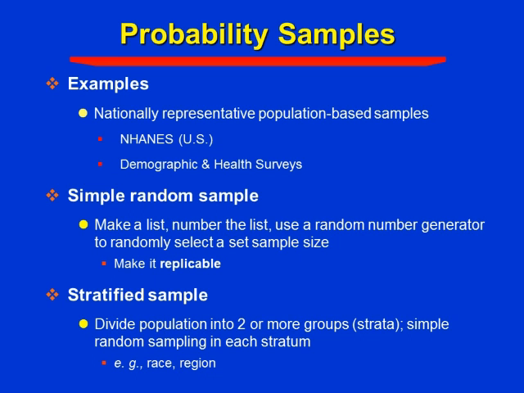A stratified random sample is what is typically used in these nationally representative population-based samples. It's really too much to think that you could enumerate every single person in a country on a list. So you typically divide your population up into groups or strata. In the US, these are states and then cities.